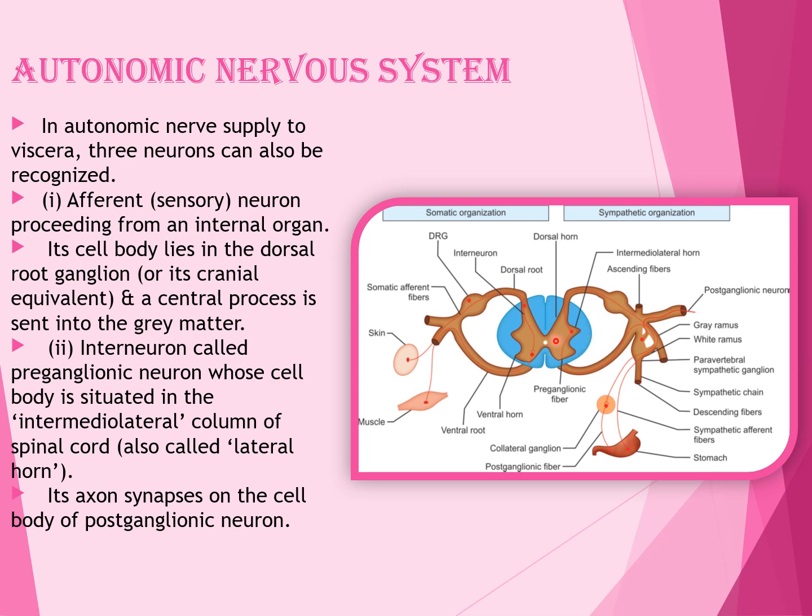So this one is the preganglionic neuron, and that is situated in the intermediolateral gray horn of the spinal cord, and it synapses on the cell body of the postganglionic neuron.